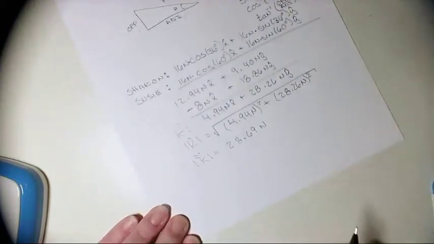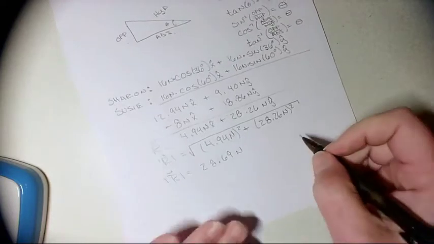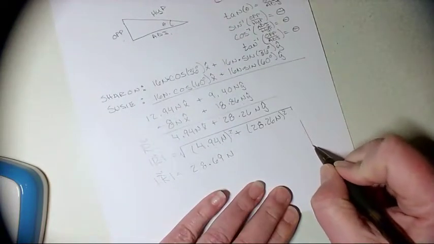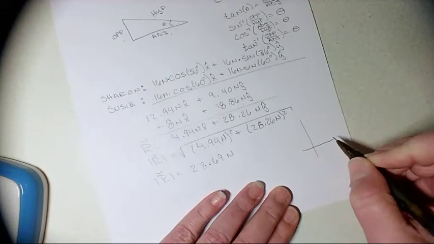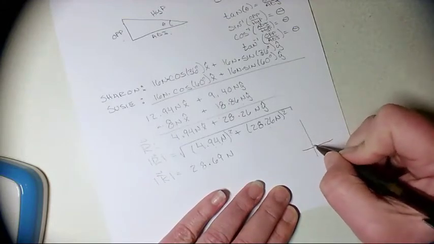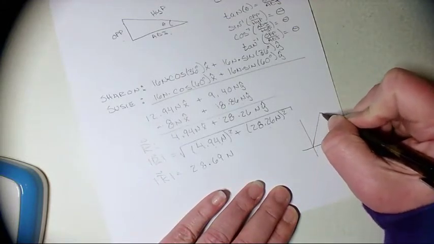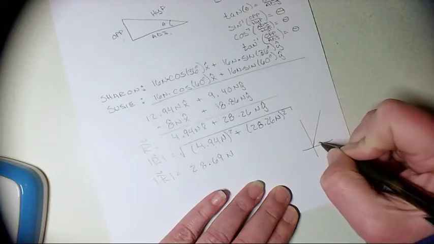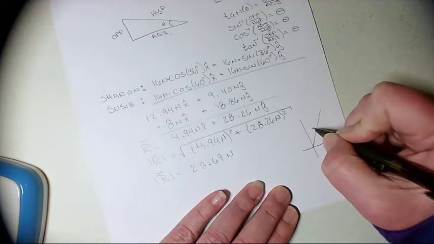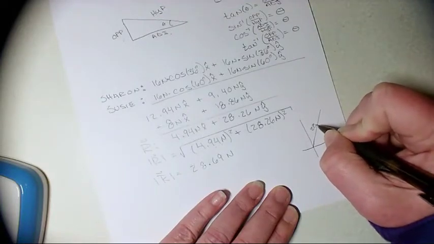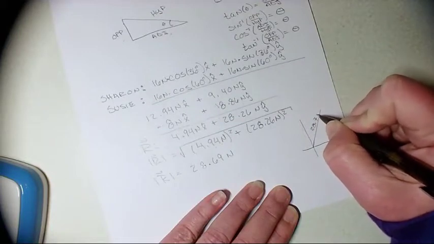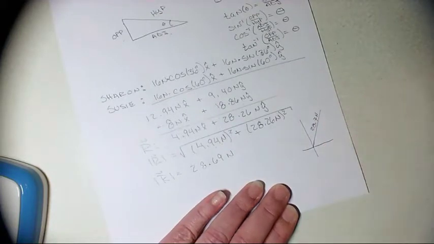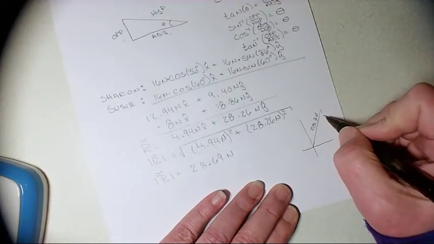But we don't know what the angle is. So I'm going to redraw that. Make sure you can see it. Good. So we don't know what that angle is. Now you need to decide which triangle you want to deal with.